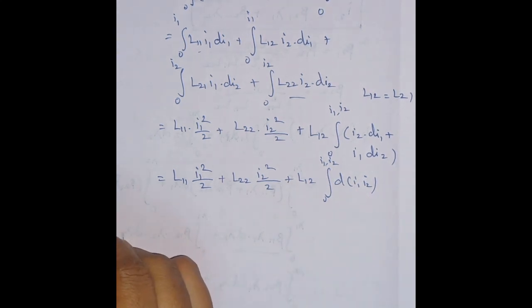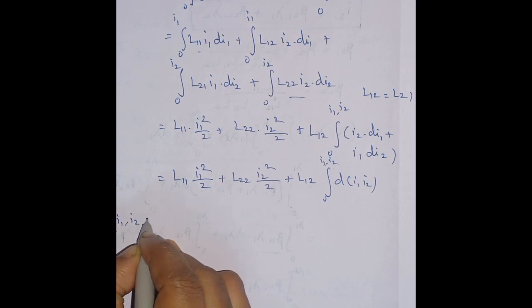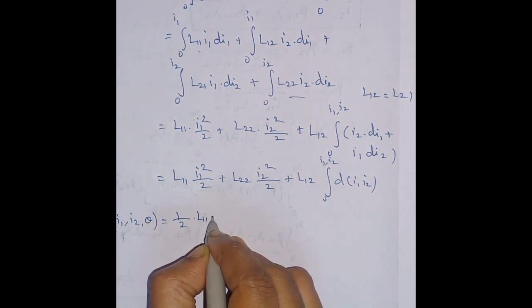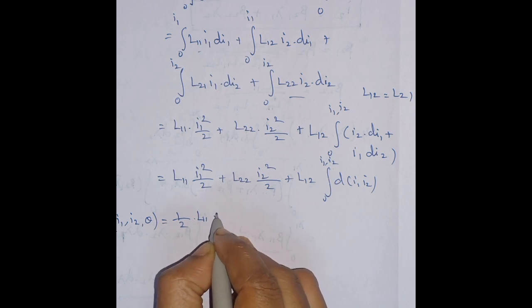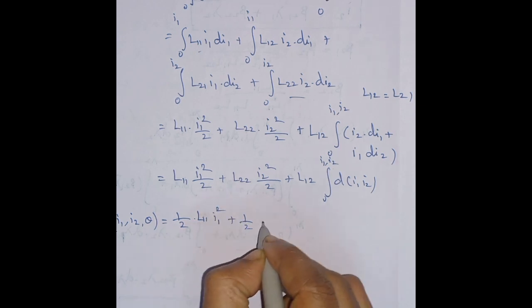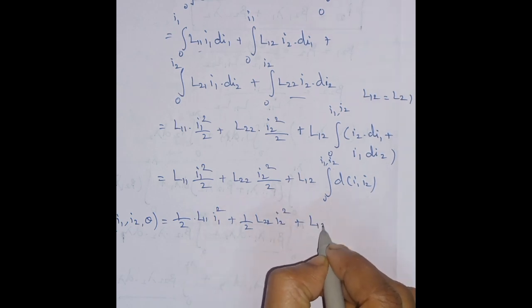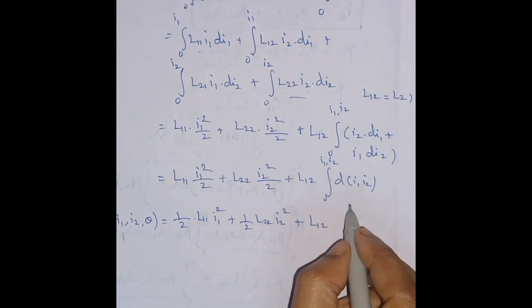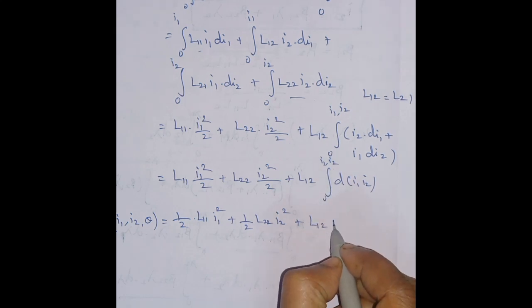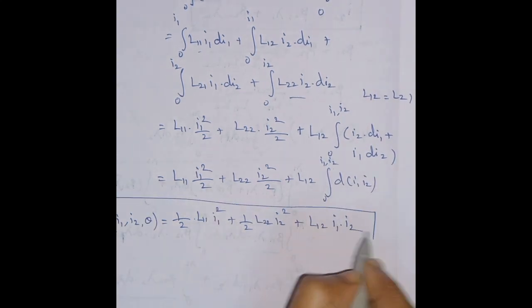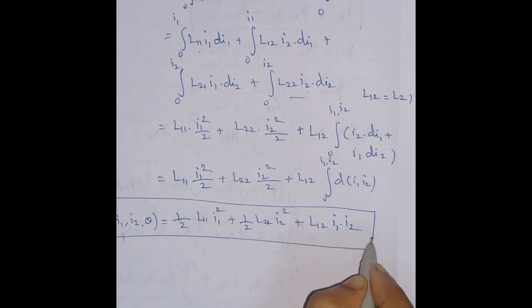So I can write WF dash of I1, I2, theta as 1 by 2 L11 I1 square plus 1 by 2 L22 I2 square plus L12, integration and differentiation cancel, I will get I1 I2, correct? This is your co-energy in the doubly excited system.